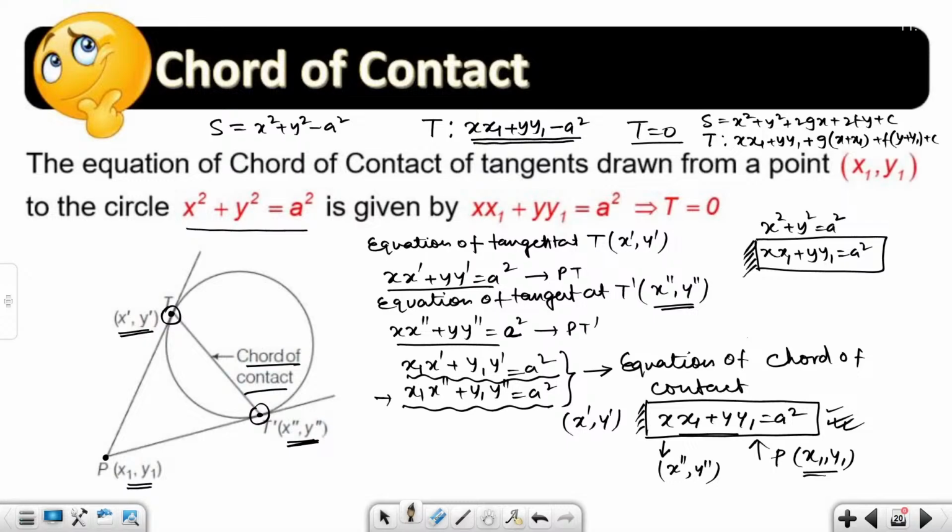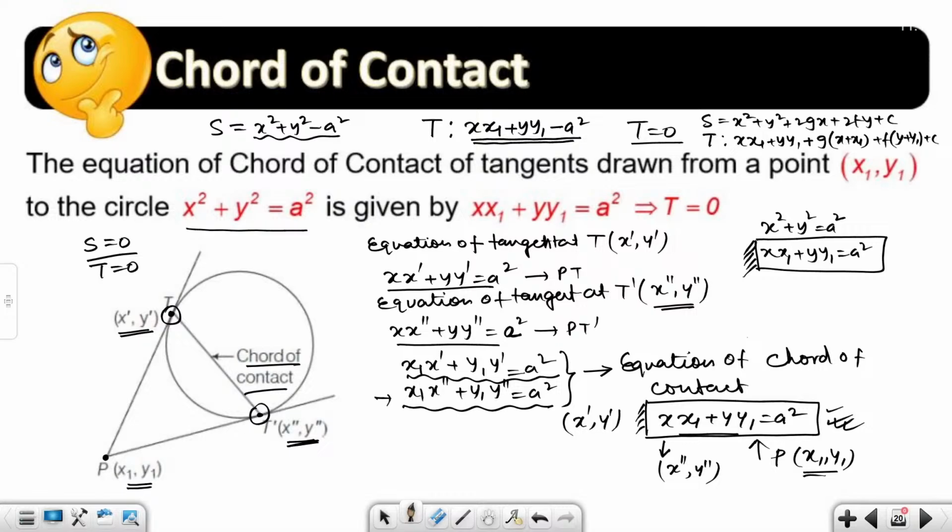So accordingly, I will change T depending on S. In this case, your T is x(x1) plus y(y1) minus a square. So what we got is the equation of the chord of contact for S equals 0. What is S? S is x square plus y square minus a square. So for S equals 0, the equation of the chord of contact is T equals 0.